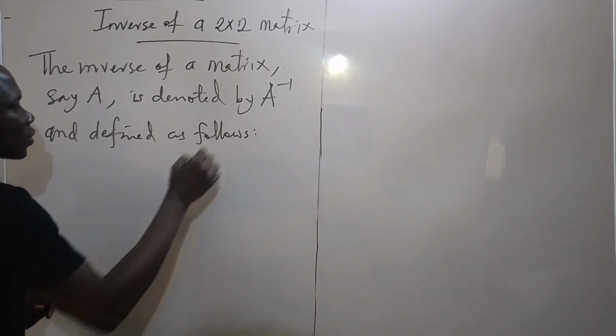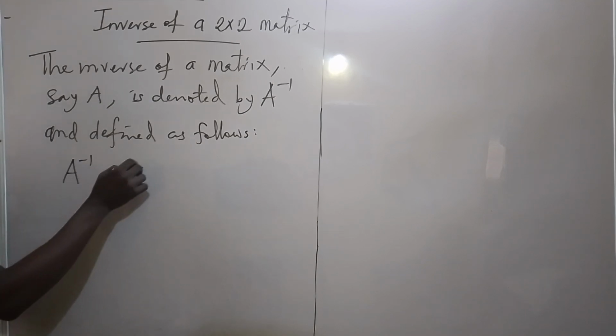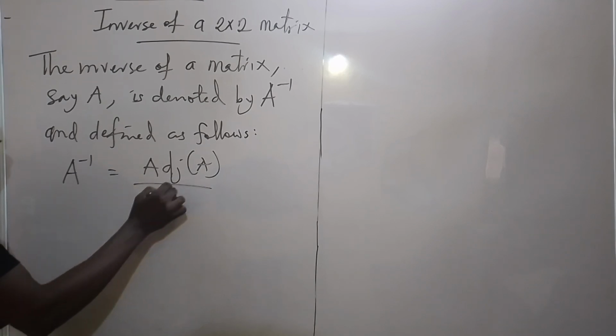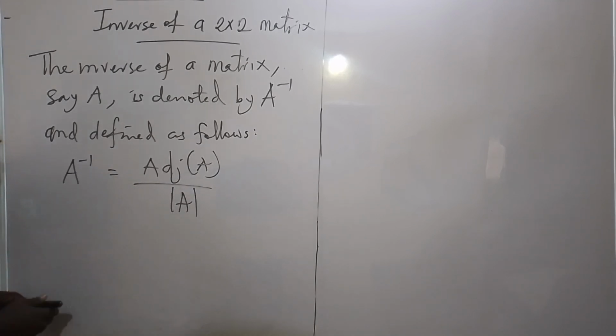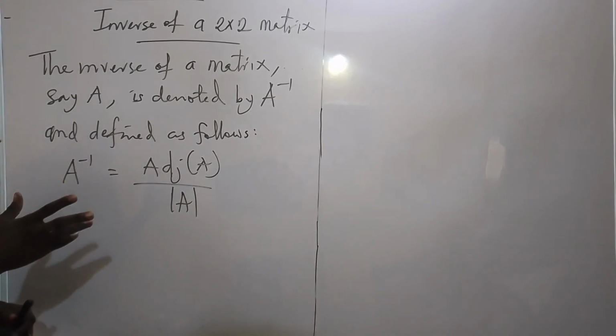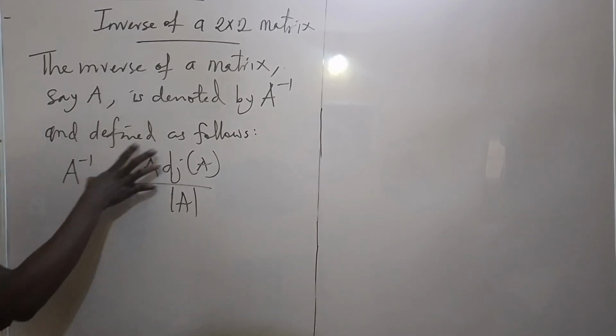The inverse of any given matrix A is equal to the adjoint of the matrix A divided by the determinant of matrix A. In one of the videos I explained that the adjoint of a matrix is simply the transpose of the cofactor matrix, and of course the determinant has also been explained in one of the videos. So you can help yourself with the explanations on the adjoint matrix and the determinant. All right, so this is the definition.